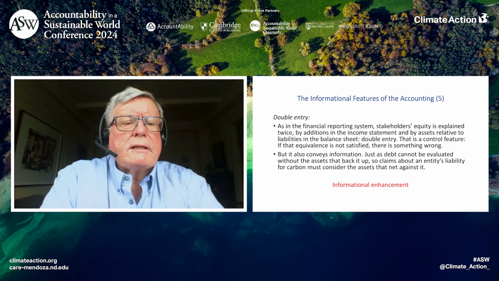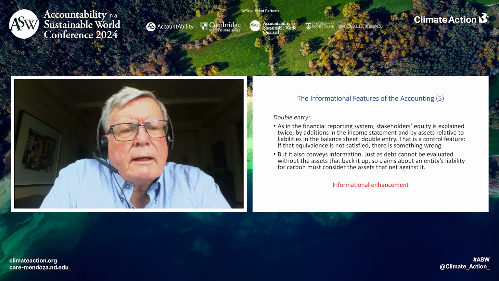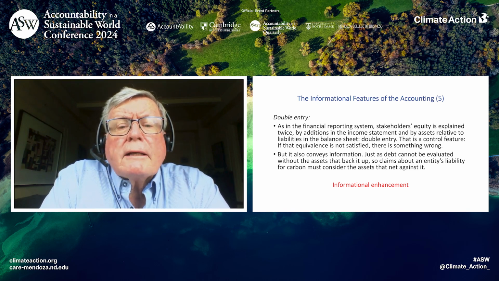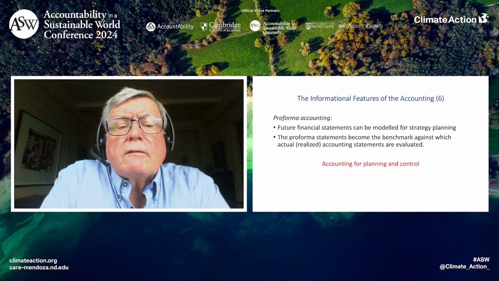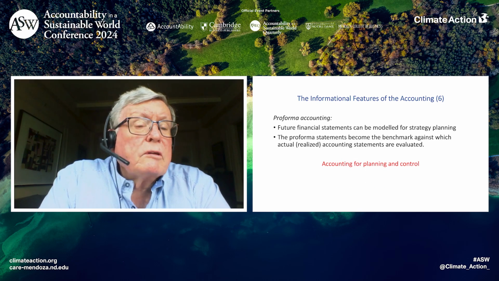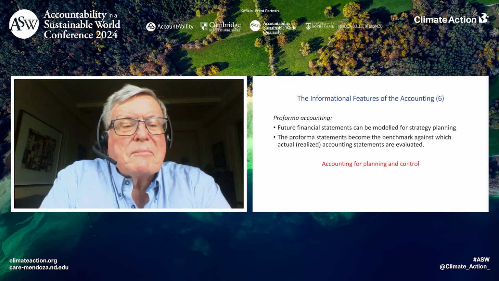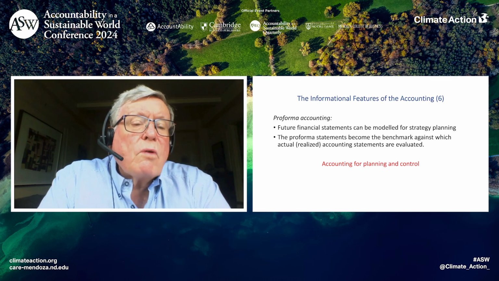As I suggested, it's very useful for thinking about the future, for planning. So we typically call that pro forma accounting, the accounting for the future. So planning, laying out estimated future balance sheets and income statements, can be laid out in terms of what matters.